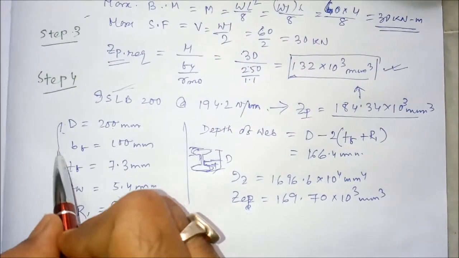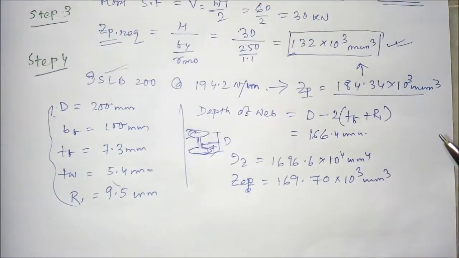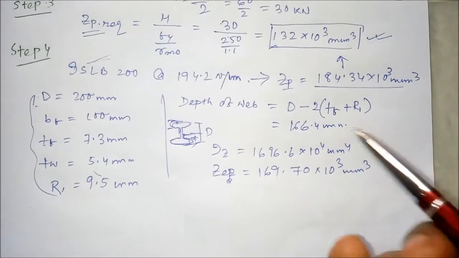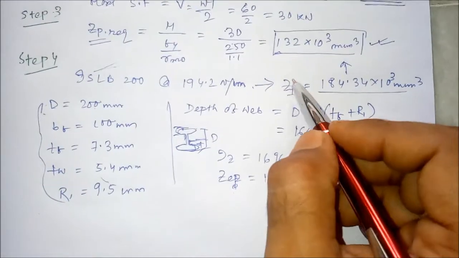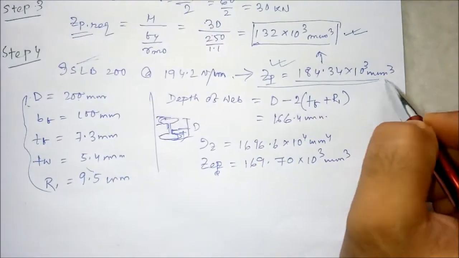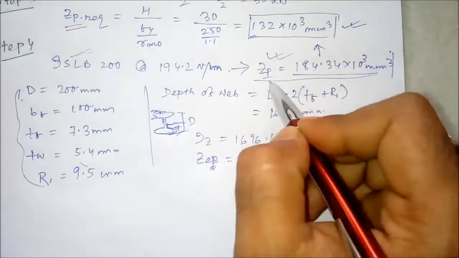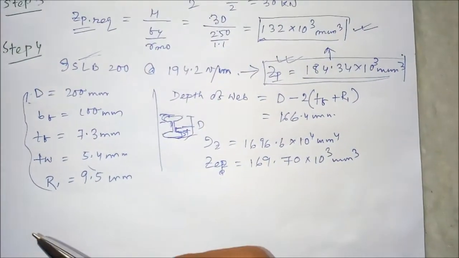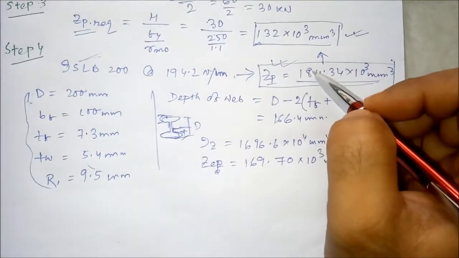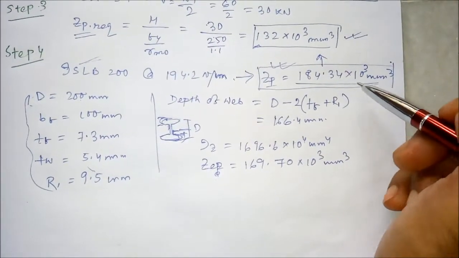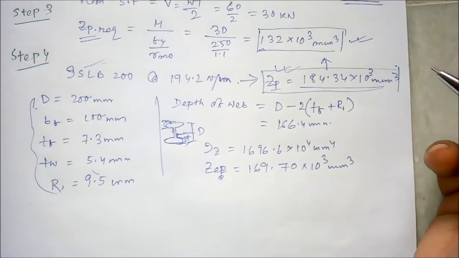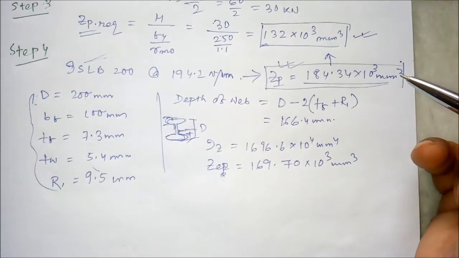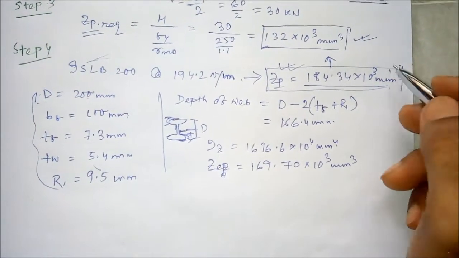So those are the properties you can find out. This you can find in SP6, and this value you will not get in SP6. This you can find from your IS 800 code, right? As in IS 800 the sections are limited, so if you choose any section which is not in the IS code, you have to find out the value of ZP.